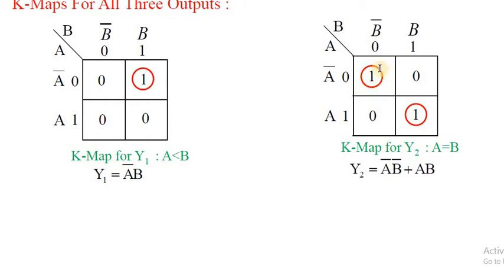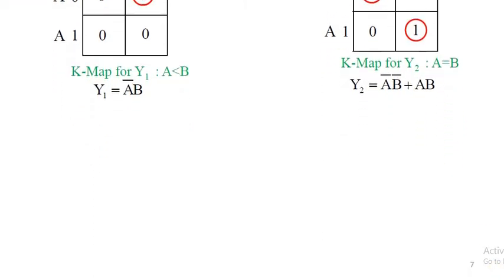Therefore the value of the first group is A bar B bar. The value of the second group is AB. Therefore y2 is equal to A bar B bar plus AB. In another way we can say that this is the XNOR operation. A XNOR B gives us A bar B bar plus AB.